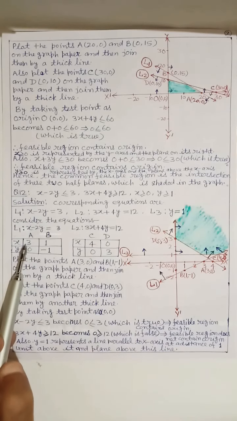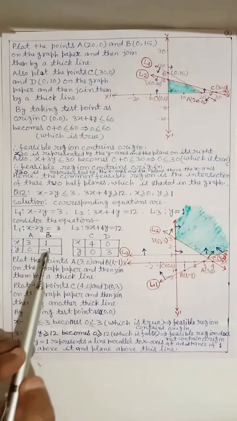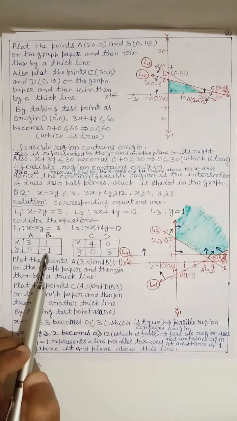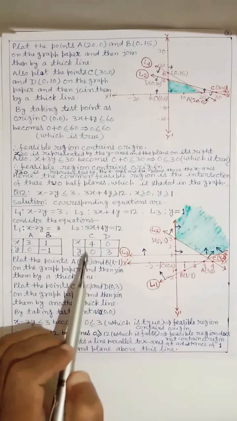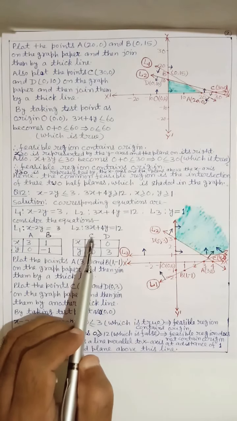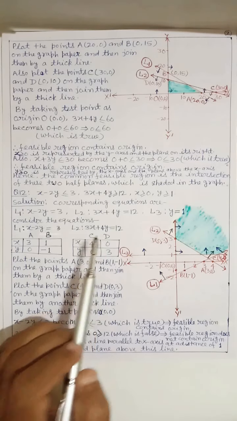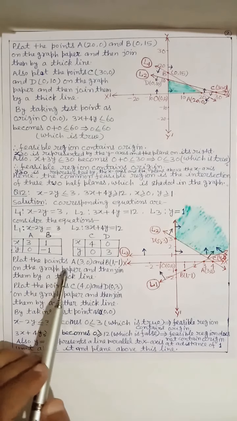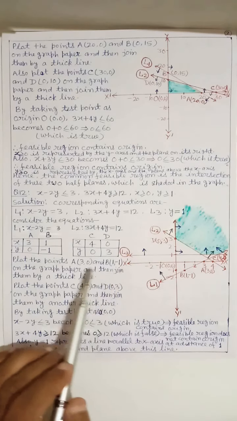So here (3, 0) is represented by the point A, (1, minus 1) by the point B, (4, 0) by the point C, and (0, 3) by the point D. Plot the points A (3, 0) and B (1, minus 1).